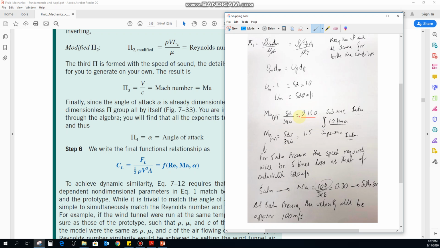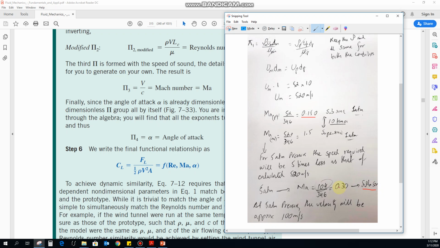This is the speed that we calculated at 1 atmospheric pressure, but if we increase the pressure to 5 atmospheric, then this velocity will become 5 times less. Now at 5 atmospheric pressure, the velocity could be 5 times less than that of the actual velocity for the model. That comes out to be 104 divided by the speed of sound. Now the Mach number that you got here is 0.3, which lies in the subsonic region.